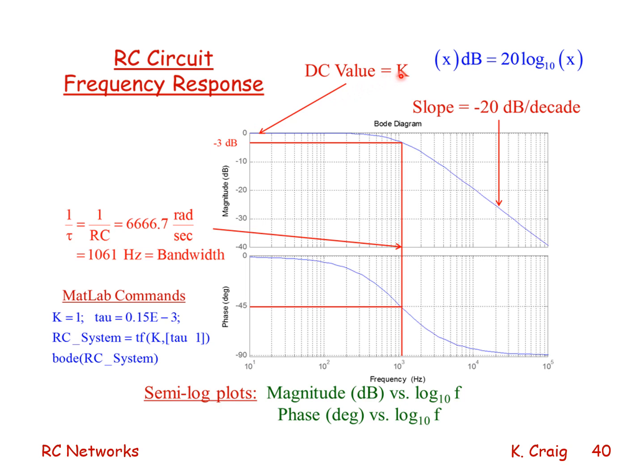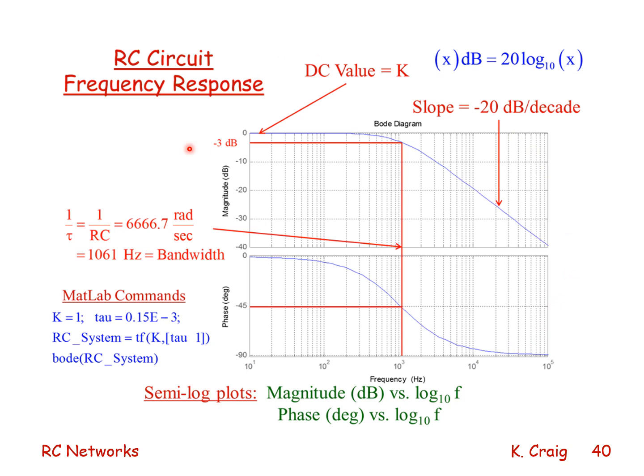In this case, K is 1. 1 in dB is 0. And then the slope of this line is minus 20 dB per decade. And the phase angle goes from 0 to minus 45 degrees at the bandwidth to minus 90 degrees at very high frequency.